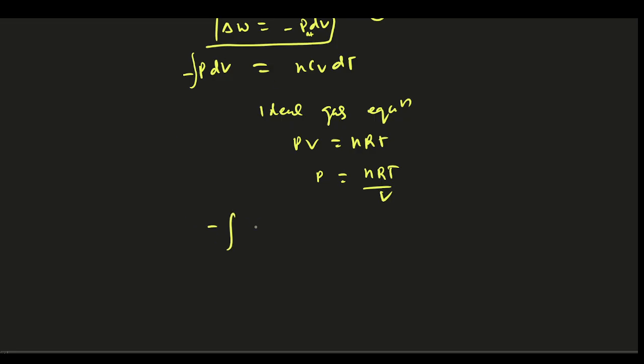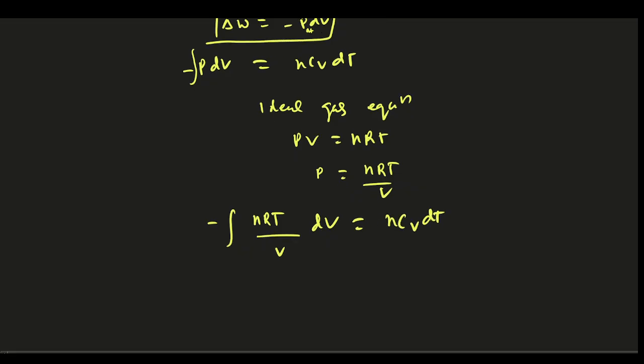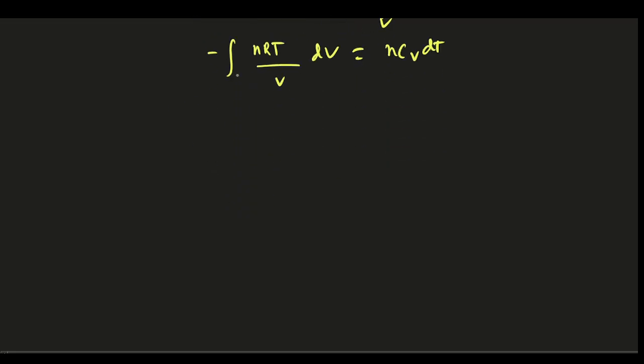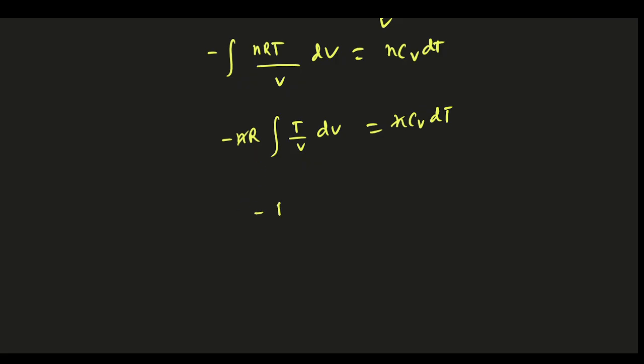So the value will be minus nRT by V dV equal to n Cv delta T. Here n and R are constant, so n will cancel, and that will be minus RT by V dV equal to Cv dT.